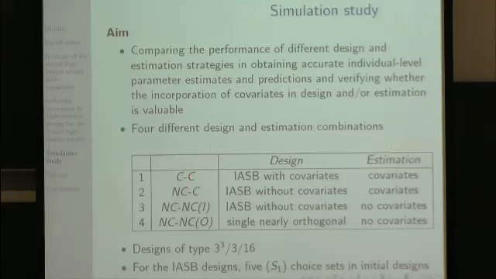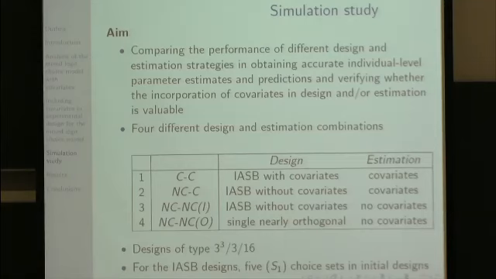So of course the C stands for the fact that we use the covariates, the NC that we do not use the covariates in either design on the left hand side or estimation on the right hand side. Now the third and the fourth approach do not make use of the covariate information, so that's indicated by NC and C. But then the difference between those both approaches is that in the NC-NCI approach, there we construct individualized designs, whereas the O stands for the orthogonal design, so the aggregate design that we use.